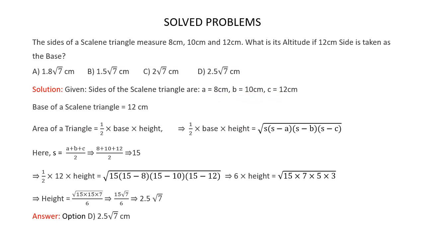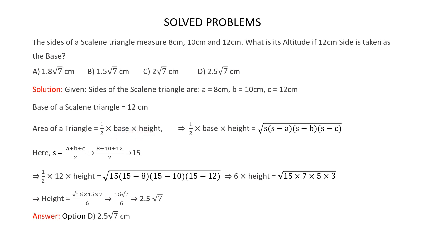Now it's given that the 12 centimeter side is taken as the base. So base of the scalene triangle is 12 centimeters. And we are asked to find the height of the scalene triangle. Now we know that area of a triangle is equal to half multiplied by base multiplied by height.